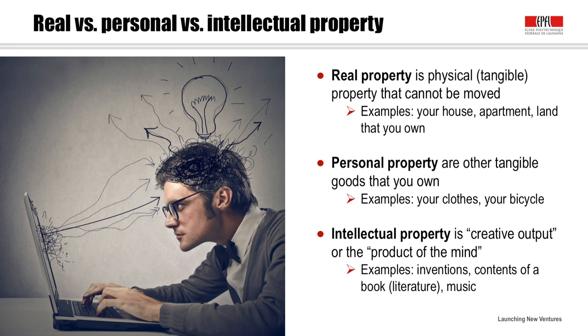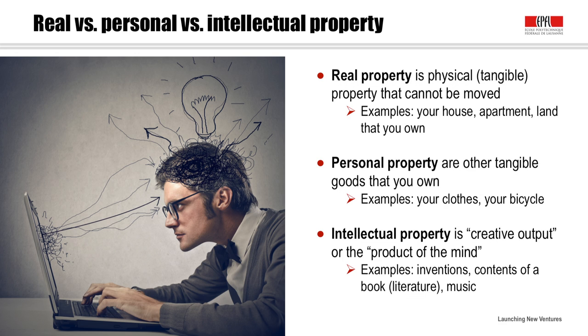So examples of real property are your house, your apartment, if you own some land. Transferring that land is usually subject to a bunch of rules and regulations, possibly taxes, and there could be rules about you selling your land to someone else and how they should buy it and whether that should be recorded someplace, et cetera, et cetera. So real property has its own set of rules.